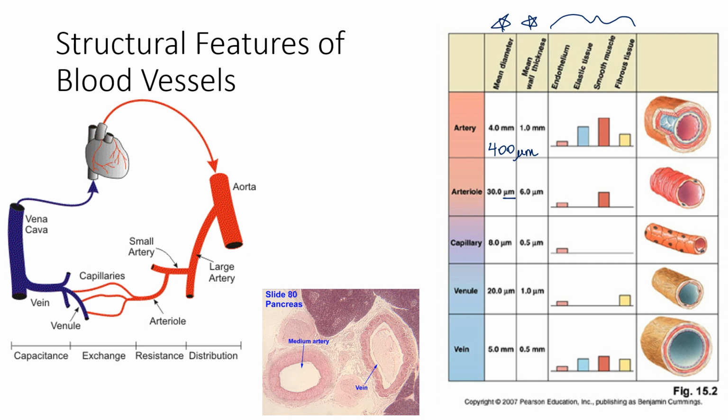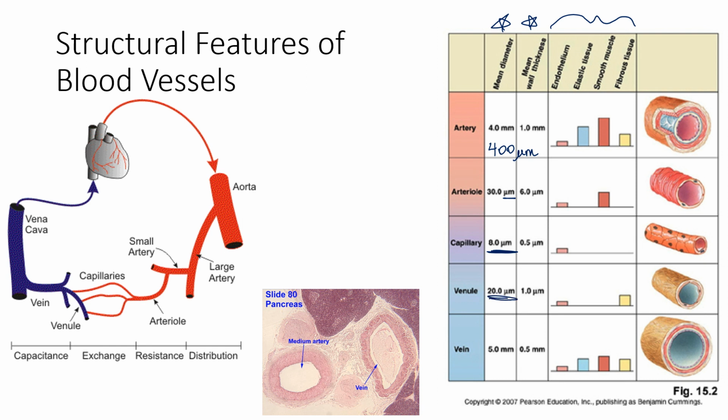So the diameter of an artery is going to be, just looking at the consistent units there, 400 micrometers, an arteriole 30 micrometers, capillary 8 micrometers. So the diameter gets smaller as we go. And then the capillary, it's going to have the smallest diameter. And then as we go out from the capillary, the diameter is going to start getting larger again.